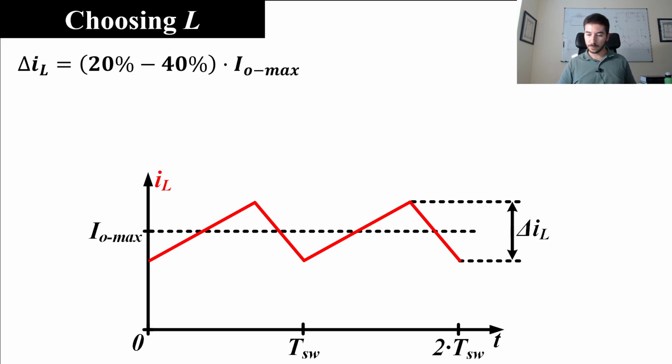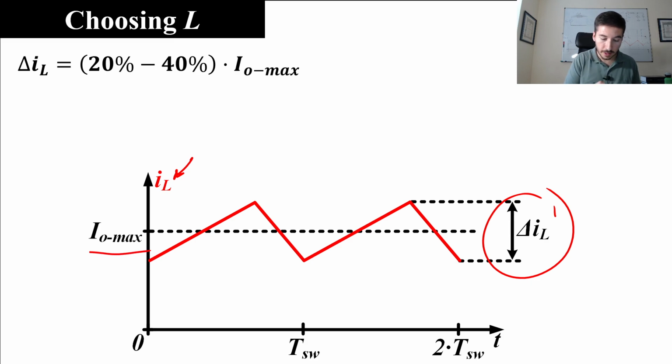Let's consider that we have this inductor current with some peak-to-peak current ripple, and the important thing is that we are evaluating this current when the load is demanding the maximum current. So the output current is the maximum value of our specifications.